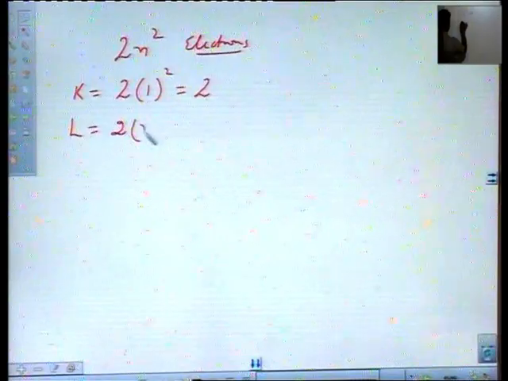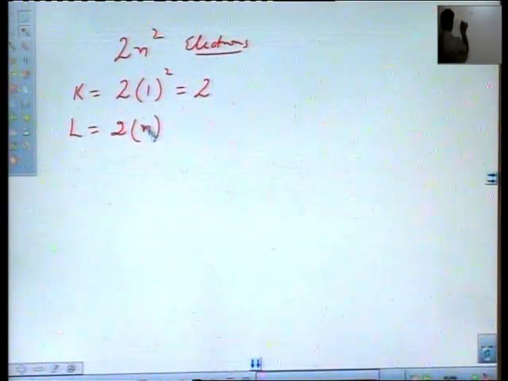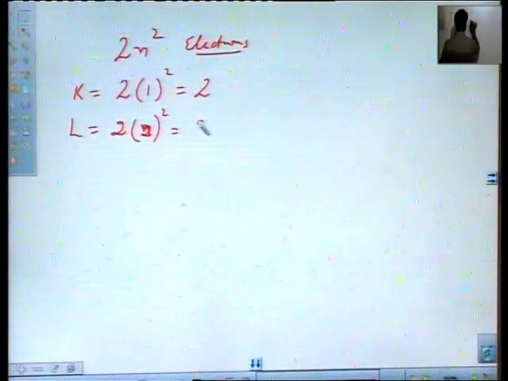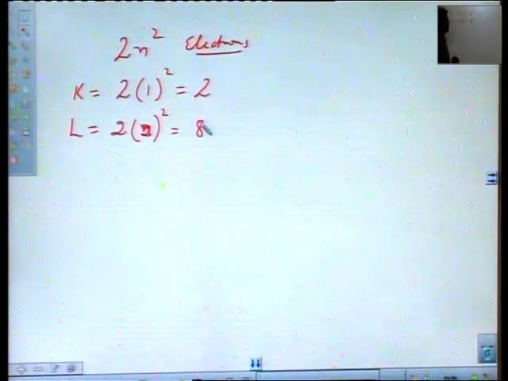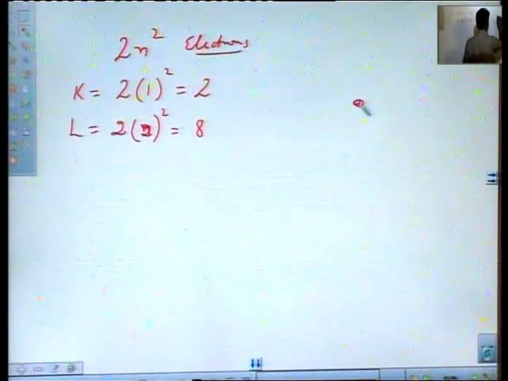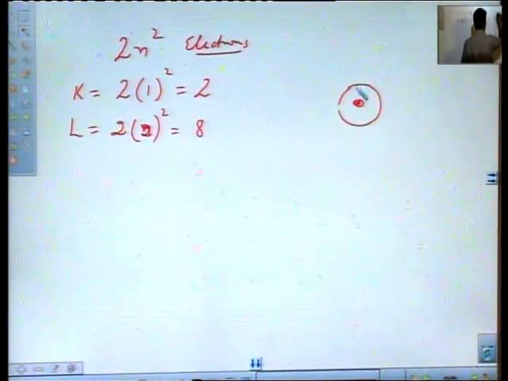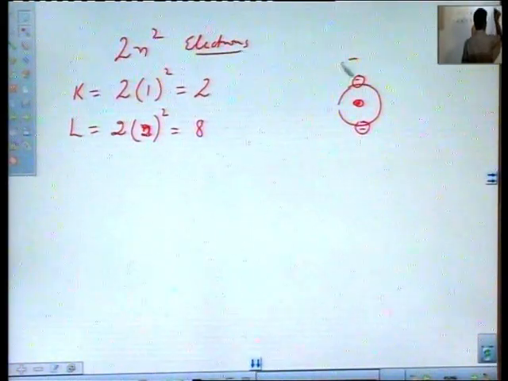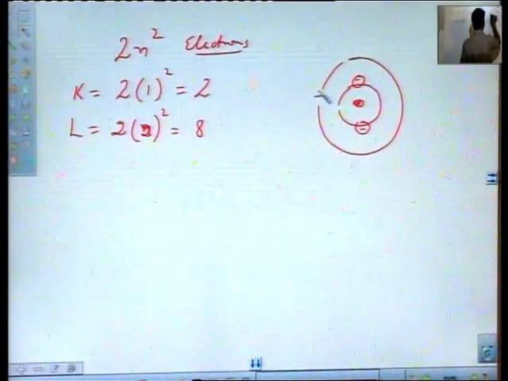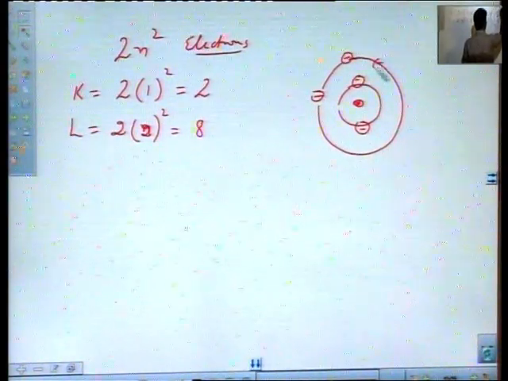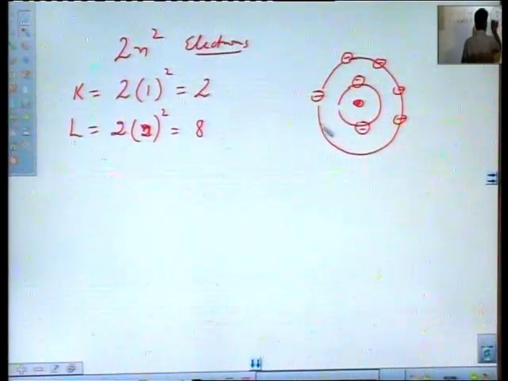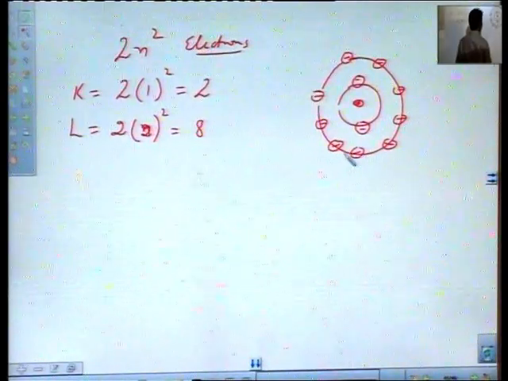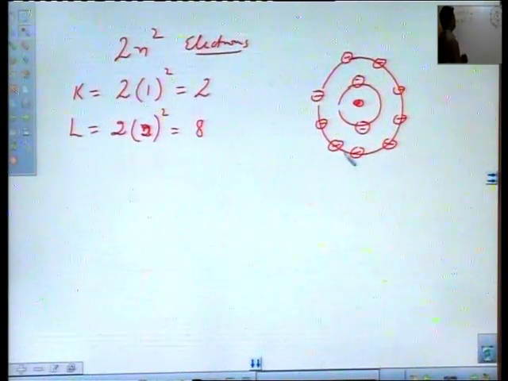Likewise, the L shell has a maximum of 8 electrons.